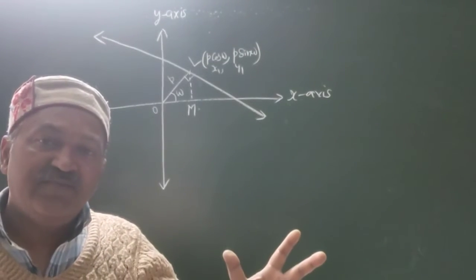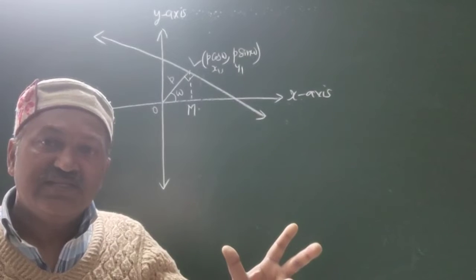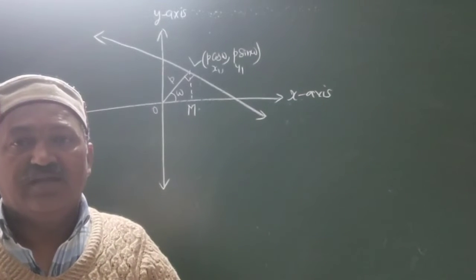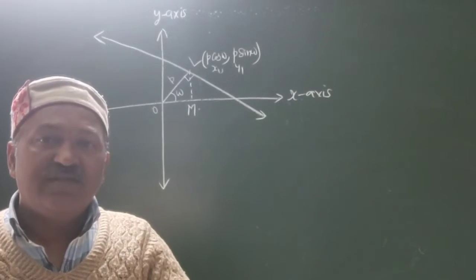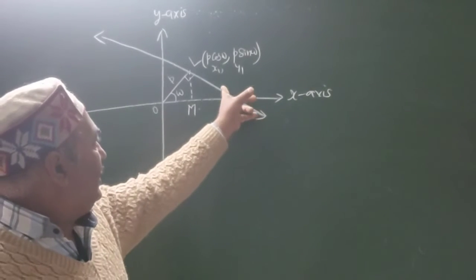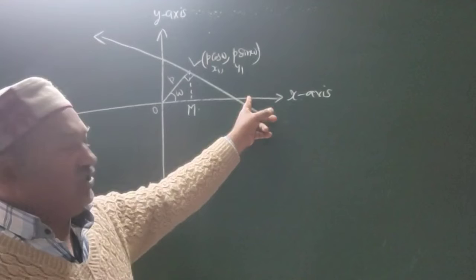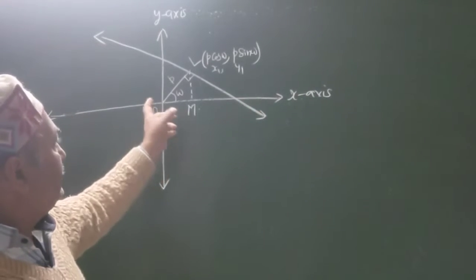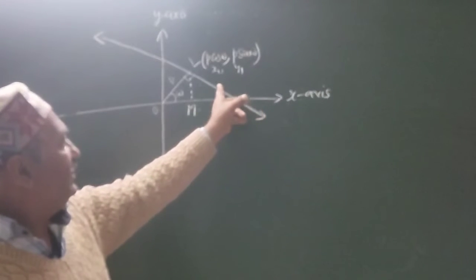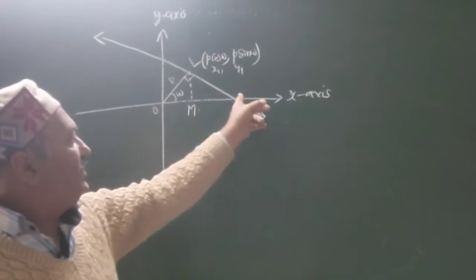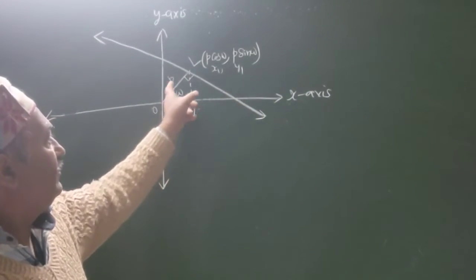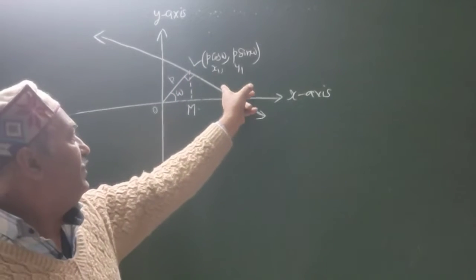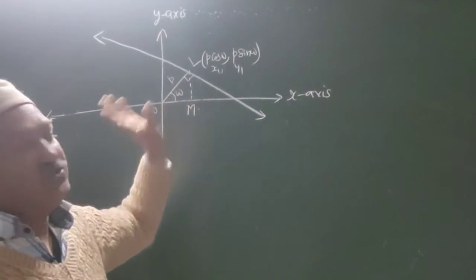Now one thing remaining is the slope of the straight line. Slope of the straight line can be found by calculating this inclination. So it is clear from the diagram that the inclination of this straight line, this is the exterior angle of this triangle, hence it will be equal to 90 plus omega.